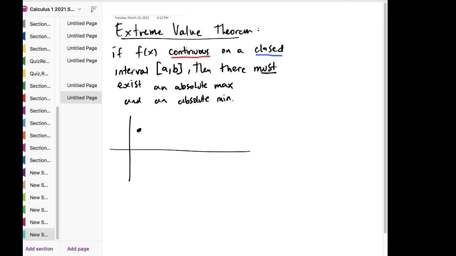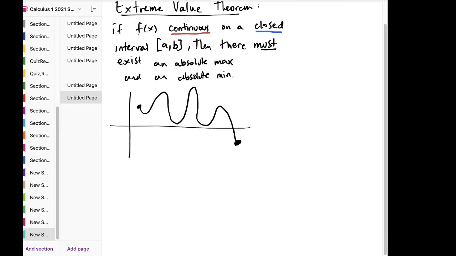No matter how much you draw your shape, there's always going to be some maximum or minimum value. So where's the max and where's the min? Absolute.